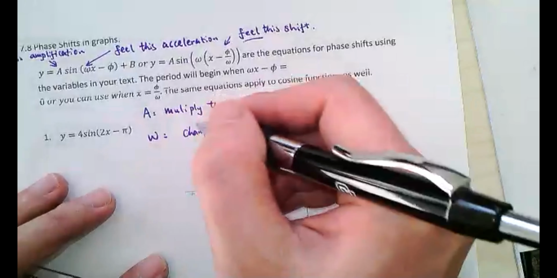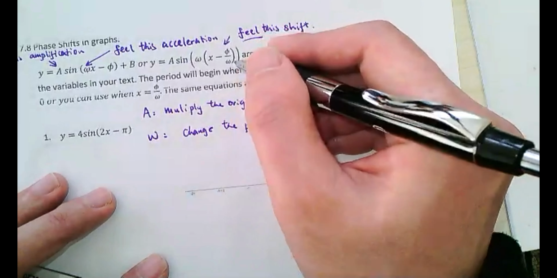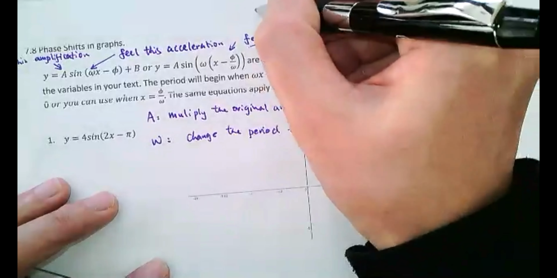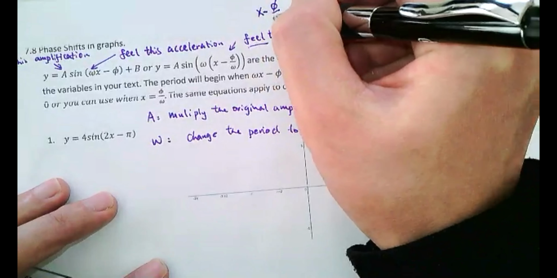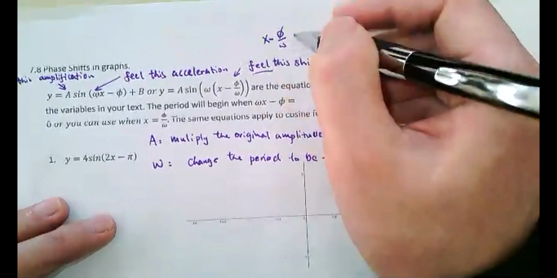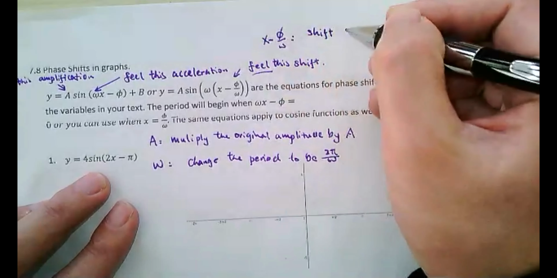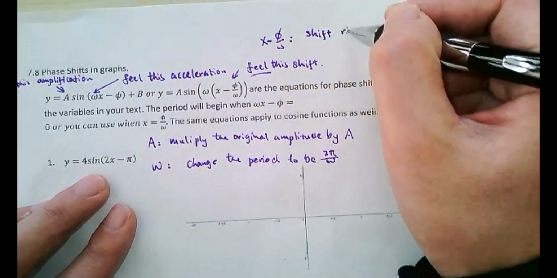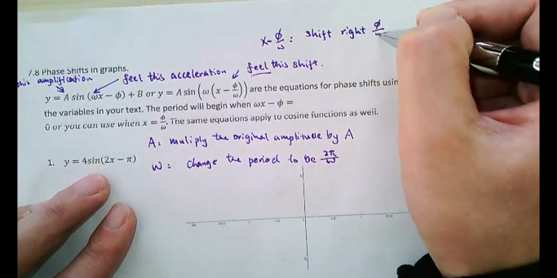We don't have enough space here, so let me see where I should add this part, phi over omega. Let's just add here, x minus phi over omega. Shift the graph right by phi over omega.